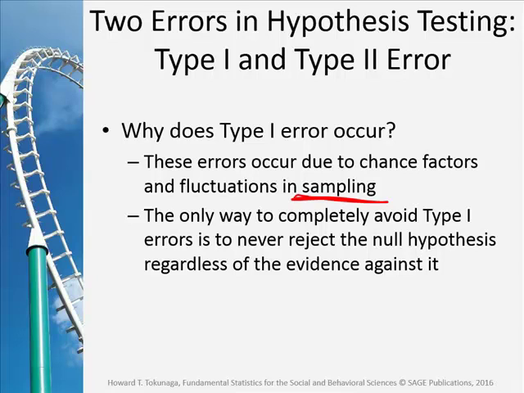So there is an element of, and I like that the book uses this word, chance. There is a chance that we could get an odd scoop of the soup. It happens. But it should be chance. It should not be systematic. It should not be a systematic failure in how we collect our sample.